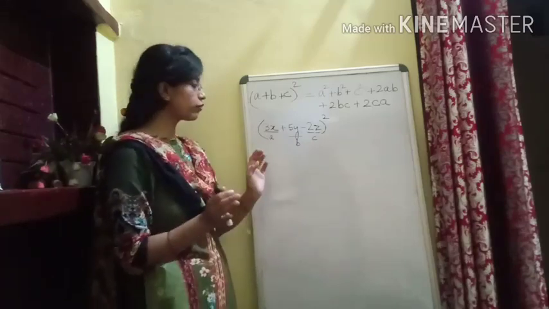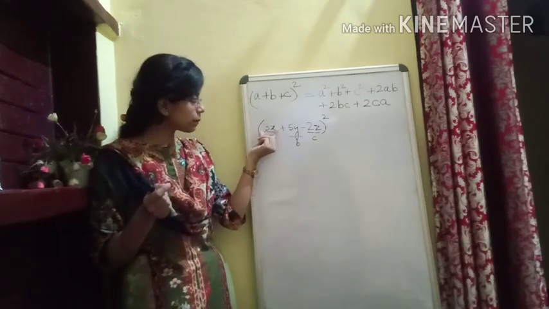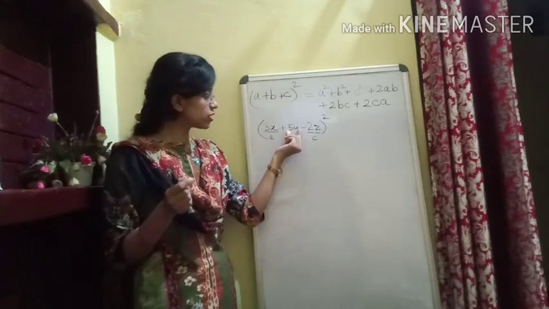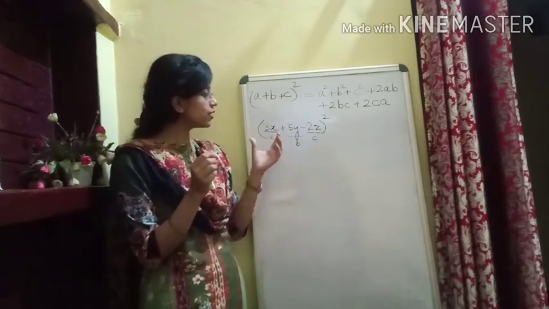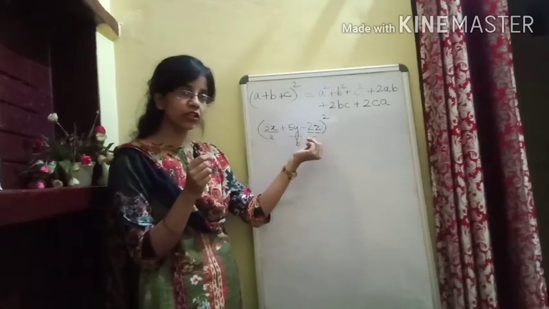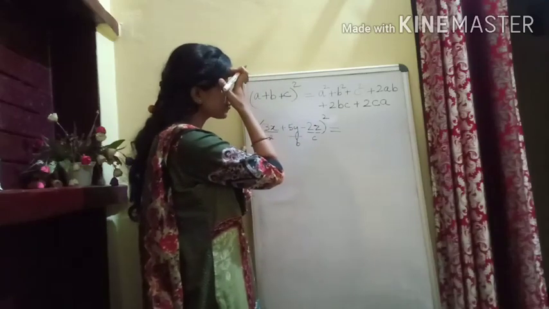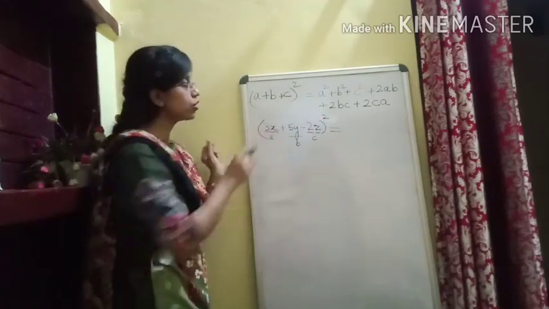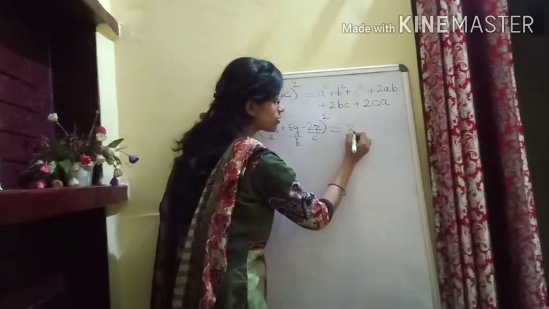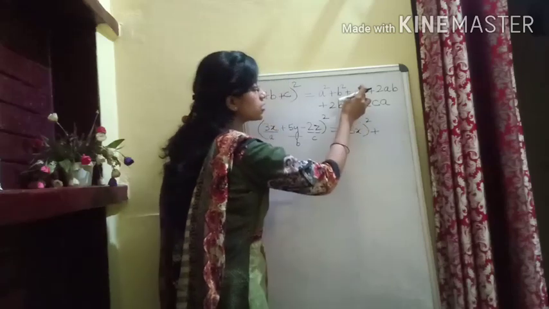Now once again I am going to tell you all: a is plus 3x, b is plus 5y, and c is what? Minus 2z. Now that we have compared the values, we are going to put the values in the identity. So first is a square. What is our a? 3x, and we have to square it, that is 3x whole square, plus next is b square.